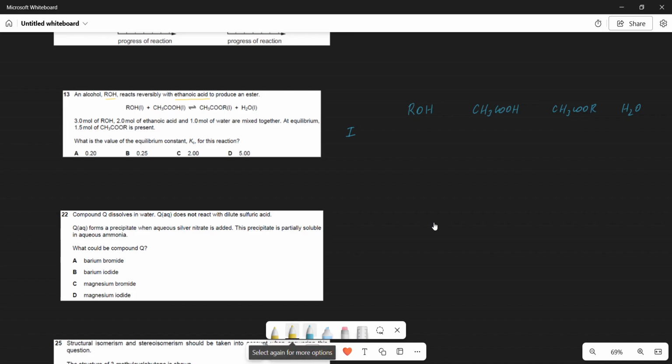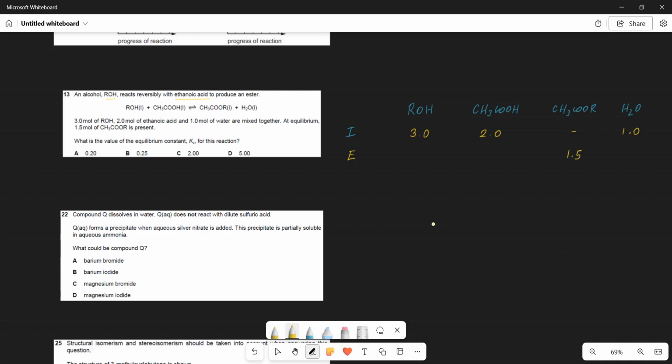The initial concentrations we have are alcohol 3.0, then CH3COOH, that is ethanoic acid, 2.0, ester is not given, and water is 1.0. At equilibrium, they are saying the ester concentration is 1.5.